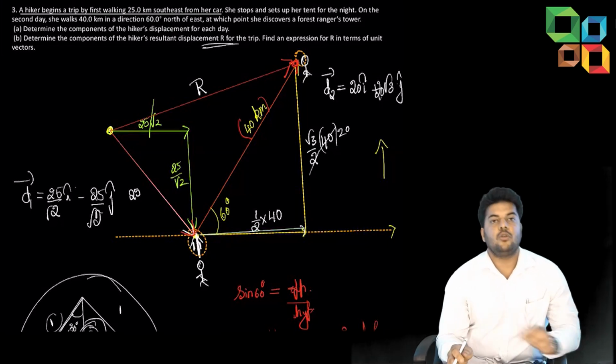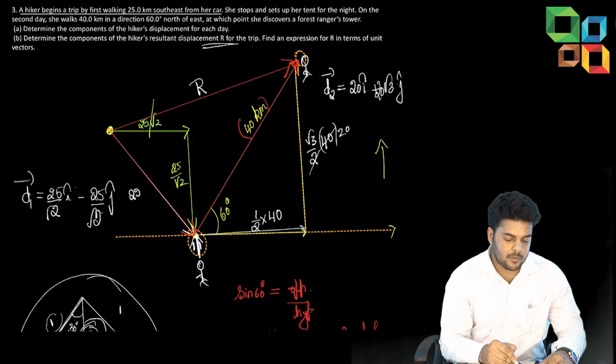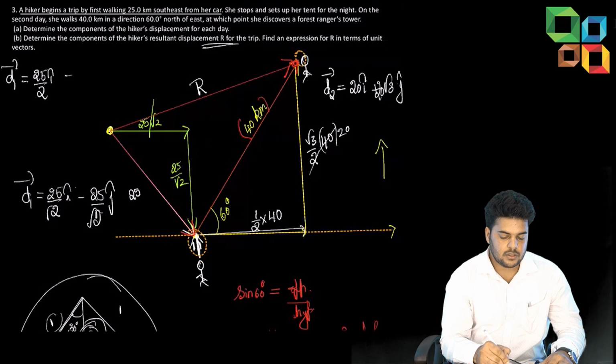And I've told you how to add vectors, isn't it? What do I mean by adding vectors? D1 vector is given as 25 by root 2 i cap minus 25 by root 2 j cap. And D2 vector is 20 i cap plus 20 root 3 j cap.